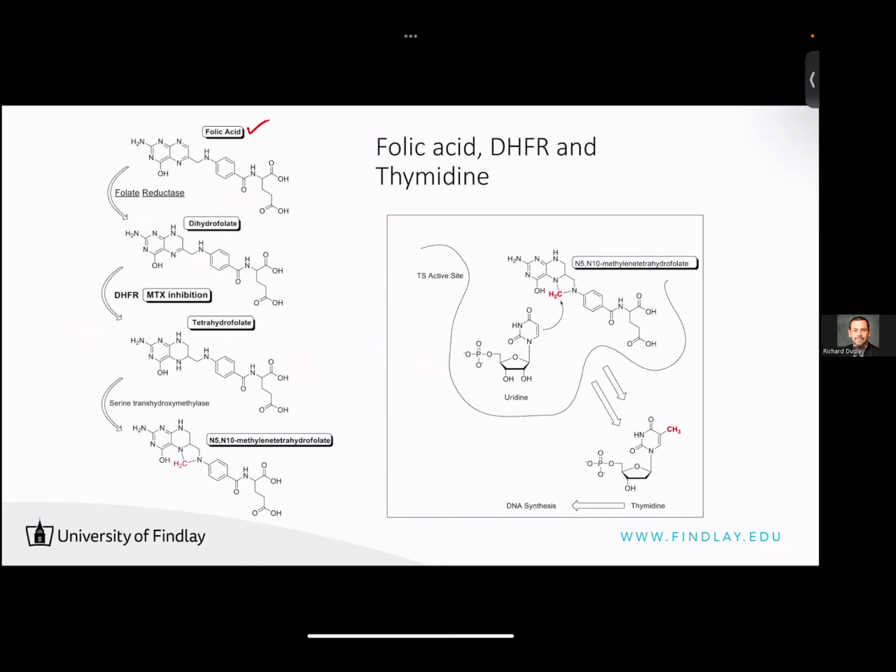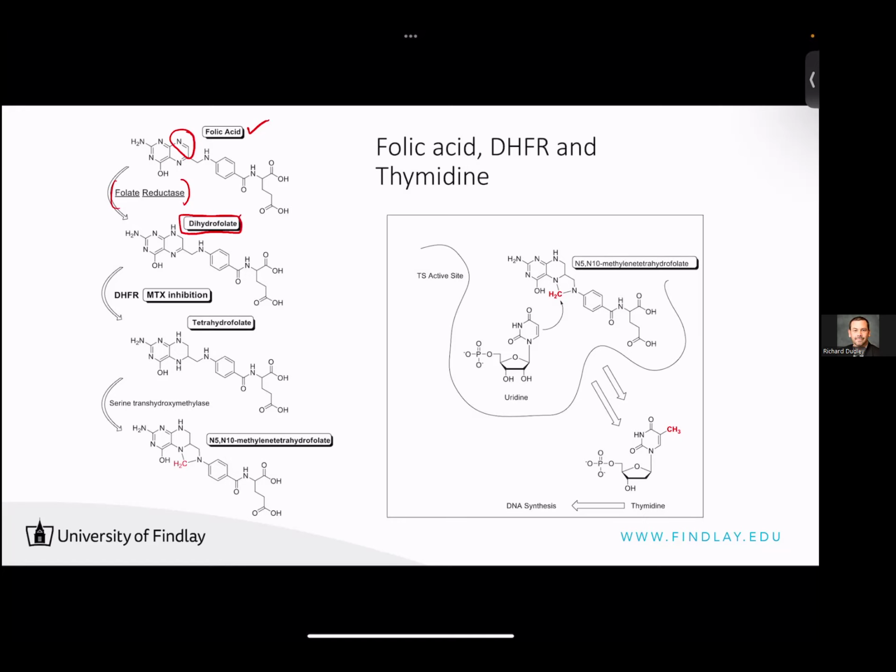We don't make folic acid in our cells like bacteria do. Once folic acid makes its way into a cell through its receptor, it's going to get reduced. Dihydrofolate reductase or folate reductase will take folic acid and reduce it down once to something called dihydrofolate. So this bond essentially in the pyridine ring system is getting reduced.